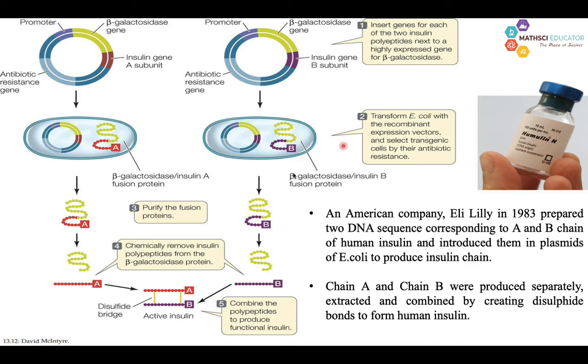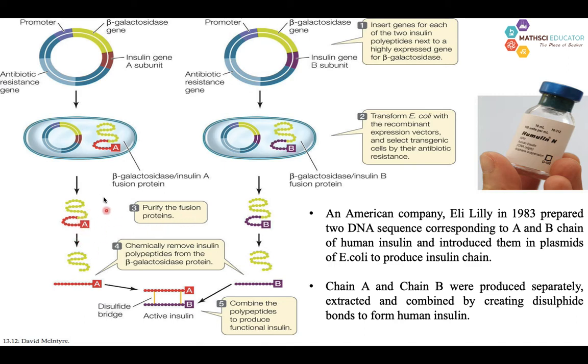Now this Escherichia coli gets cultured and produces the B subunit and A subunit in the production culture. Then they purify the fusion protein.